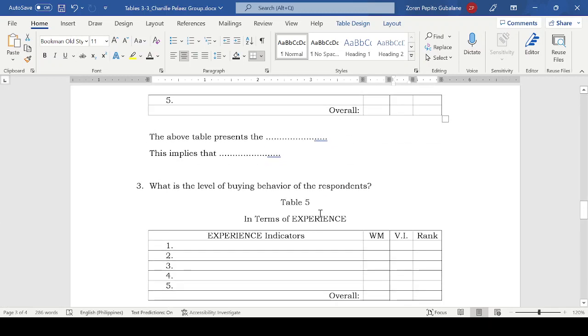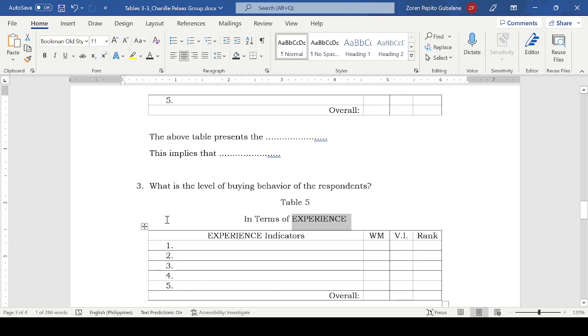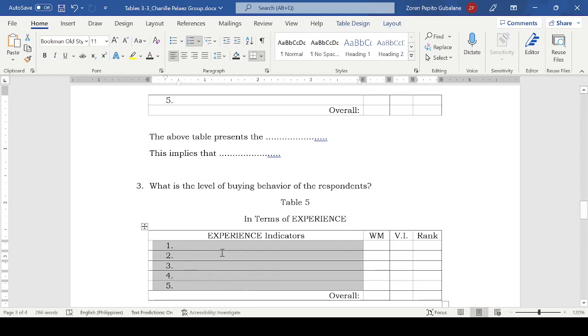Okay, so there is another variable about experience. This is under SOP, or problem statement number three. What is the level of buying behavior of the respondents in terms of experience? Based on variable, the same thing happens. What are the indicators indicated in your questionnaire?